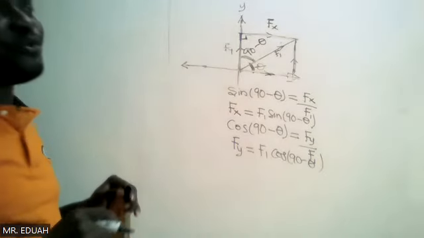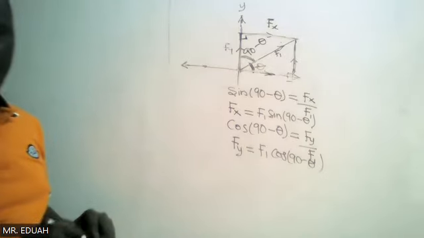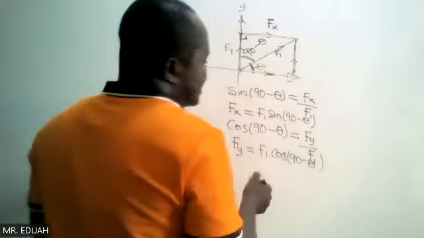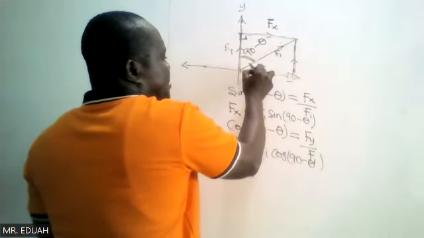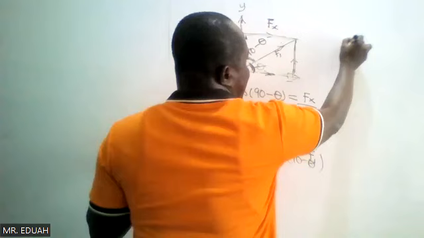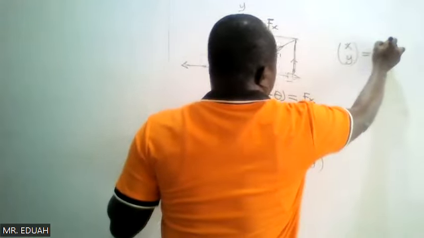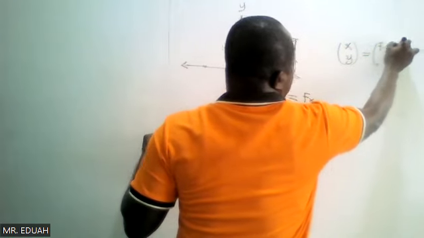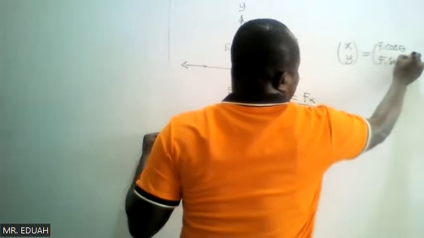The same vector, we can express it into components. If we look at it from the angle it makes with the x-axis, we had xy being equal to F1 cos theta and F1 sine theta.